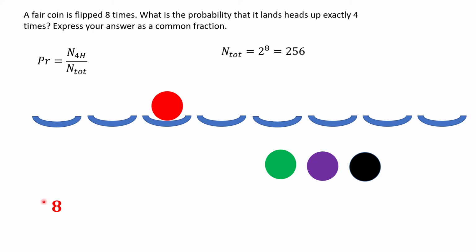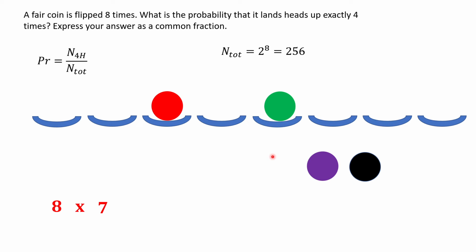And there are 8 positions of the red ball possible. So the total number of combinations we can have for the red and green ball is 8 times 7, or 56. There are 56 ways to put 2 balls into 8 spots.